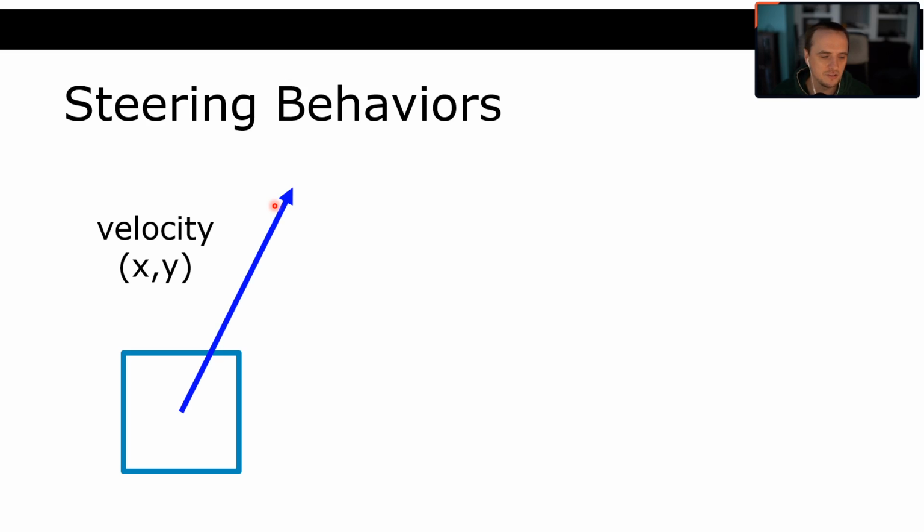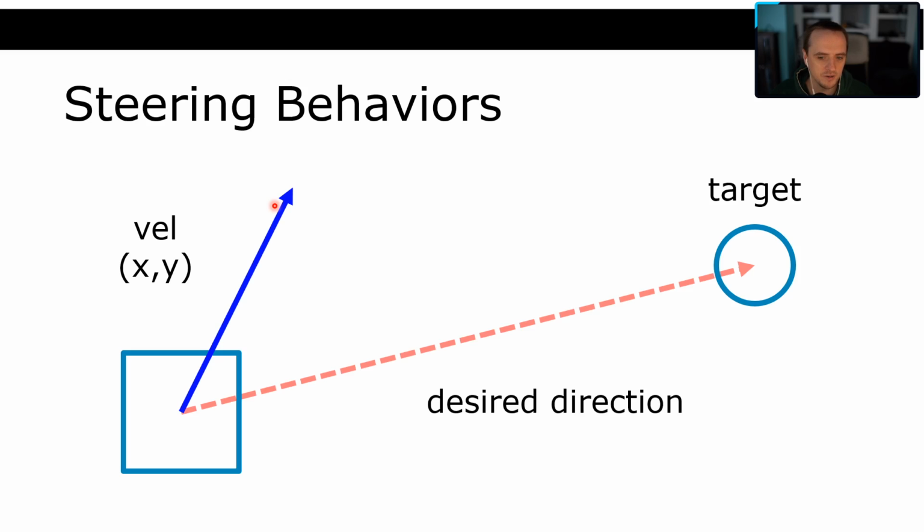Now, let's say something happens where I'm currently heading in this direction, but I want to be going toward this particular target, okay? So my current direction is right here for whatever reason that may be, but I want to be going toward this target, right? So this is my desired direction.